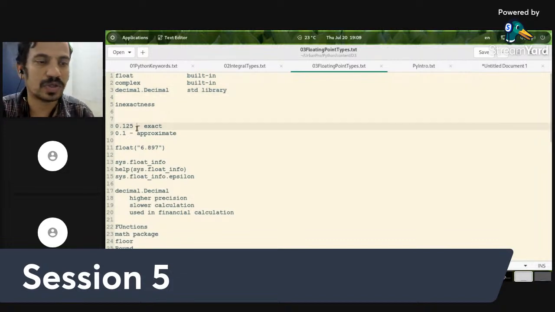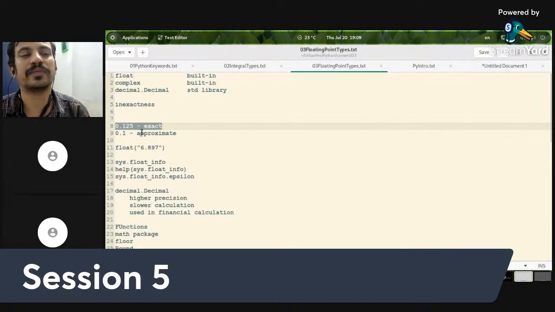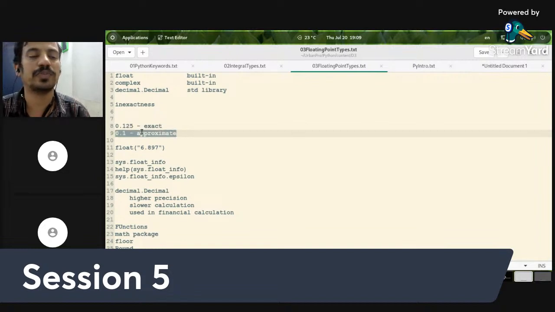When we store values in Python, the values are not exactly stored. It depends on the kind of value being stored.